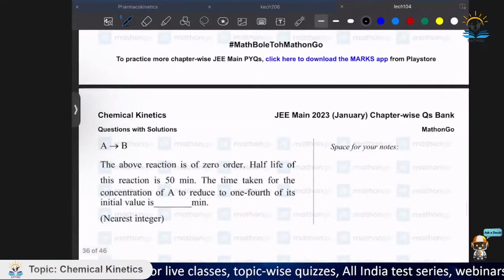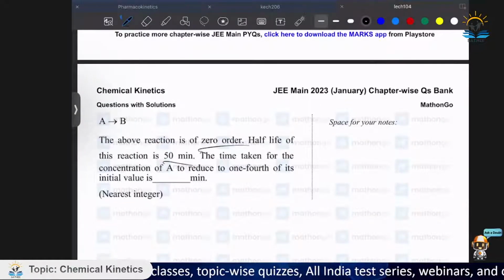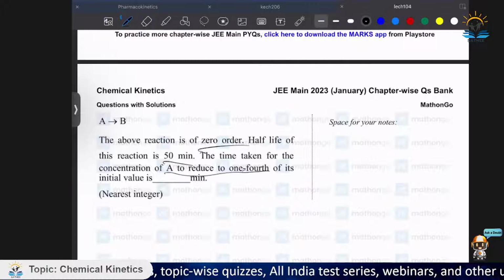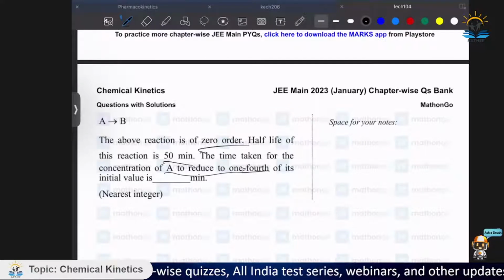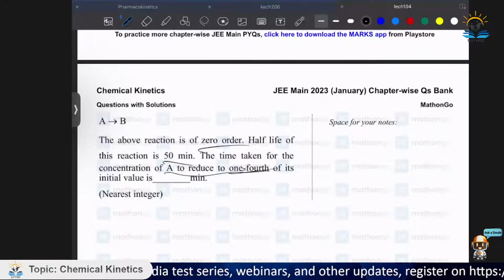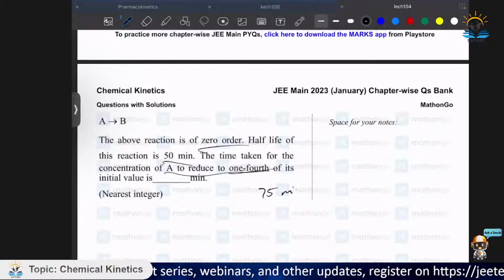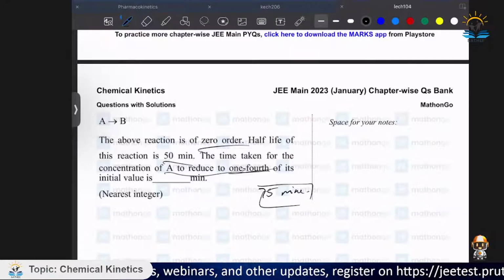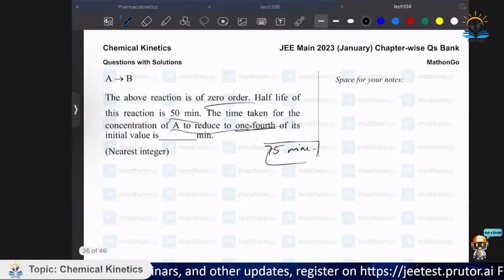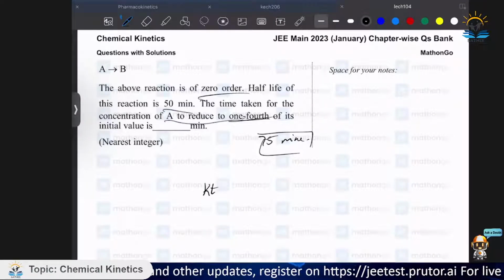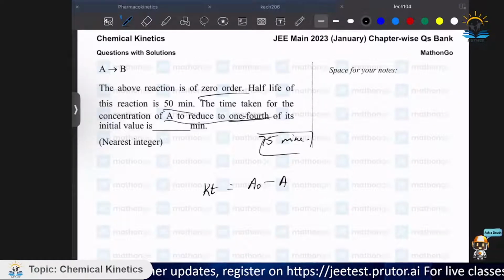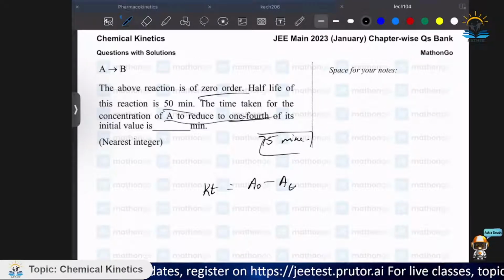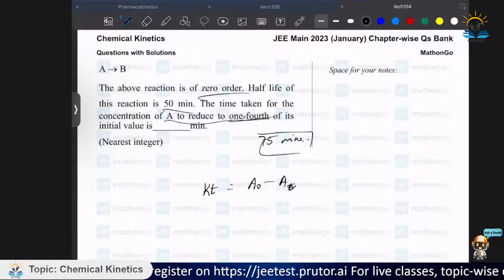Okay, the above reaction is of zero order, half-life is 50 minutes, time taken for concentration of A to reduce to 1/4. So if half-life is 50 minutes, I can tell you it's 75 minutes. But you can solve it like kt is equal to a naught minus a at t, and a at t is equal to 1/4, a naught by 4.